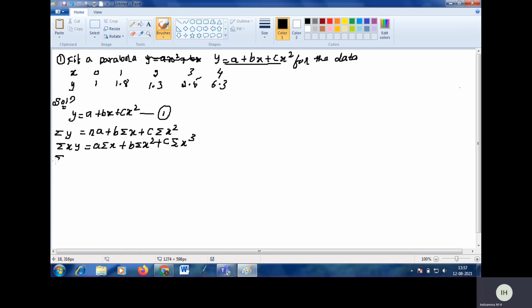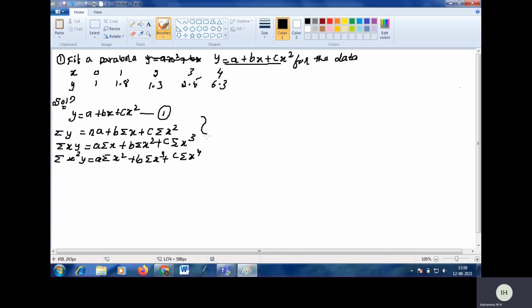To write the third normal equation, multiply the first equation by x square on both sides, then take the summation. Summation of x square y is equal to a into summation of x square plus b into summation of x cube plus c into summation of x to the power of 4.